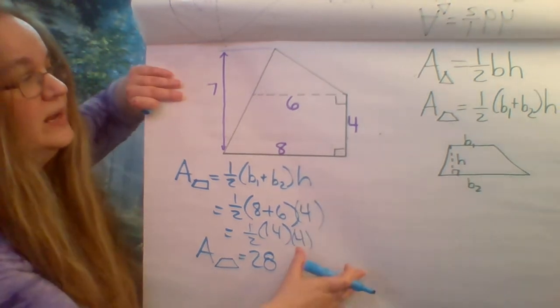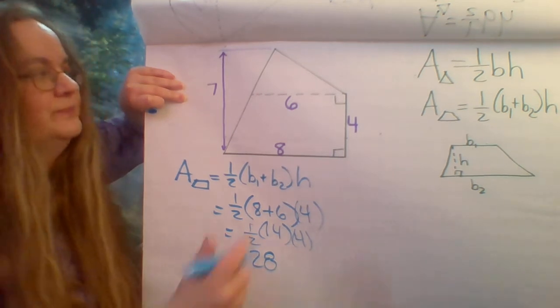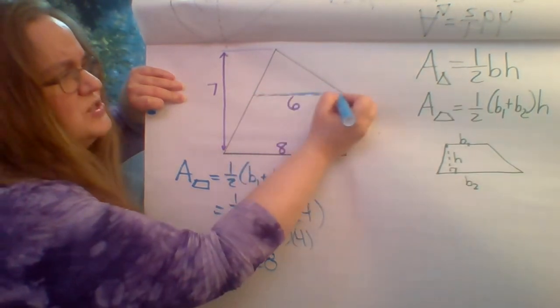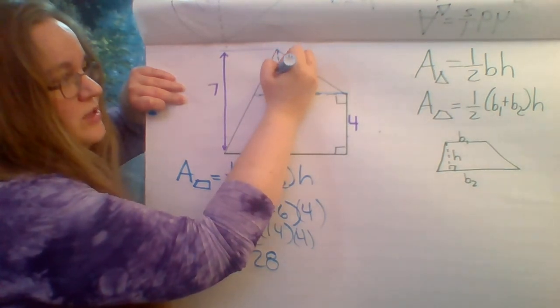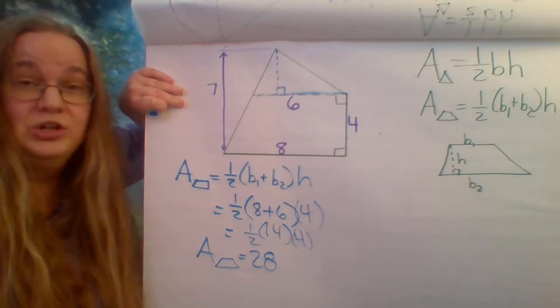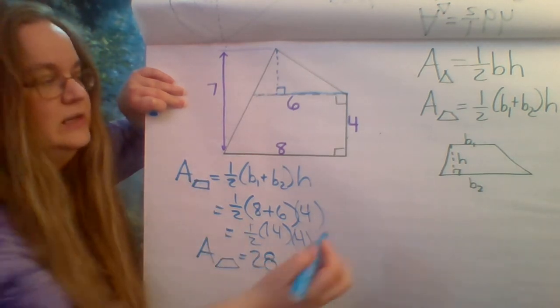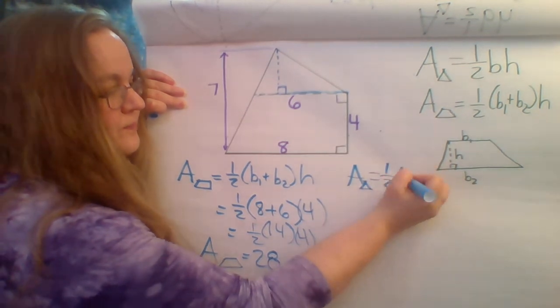Okay. Now let's talk triangle because I don't have a height. I know the base of this triangle could be used as 6. If I were to draw this height down at a right angle, the question is how tall is that? Because I need a base and a height in order to use my formula for the area of a triangle.